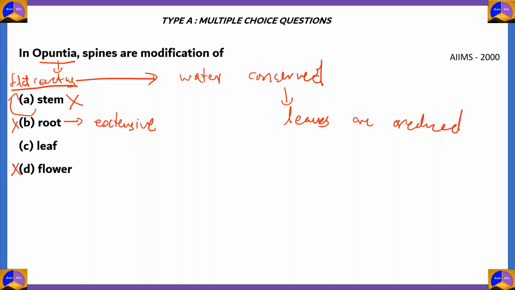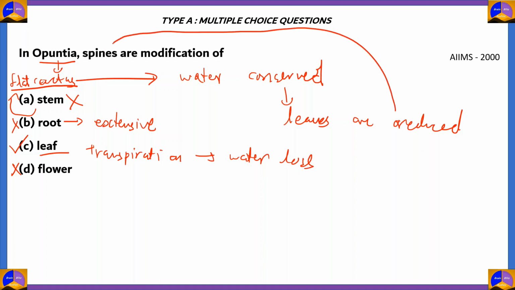Although they rarely bloom, Opuntia contains proper flowers with anthers and stigma in the same positions. So option D is incorrect. The right answer is option C, leaves. It's from leaves that transpiration occurs, which leads to water loss. So the leaves are reduced to spines and they help in water conservation.